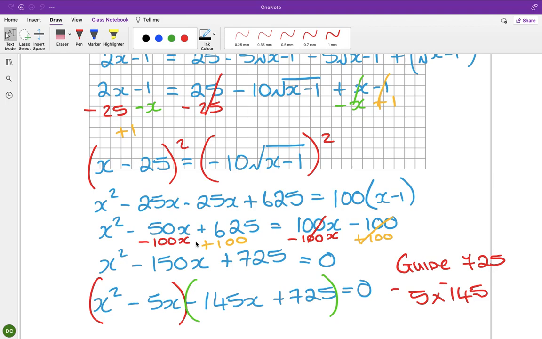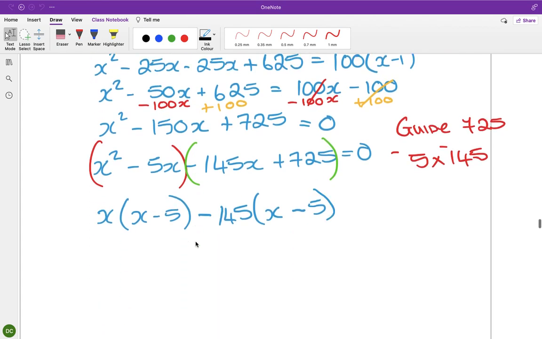So the common factor in the first bracket is x, leaving x minus 5. We're definitely going to take out a minus. 5 left. Yeah, so I can take out 145. So I took the minus away, which means that's a plus x. This becomes a minus and it's 5.